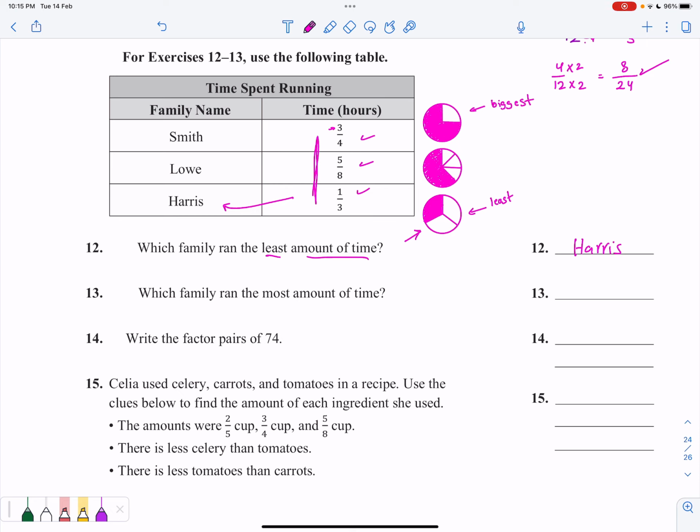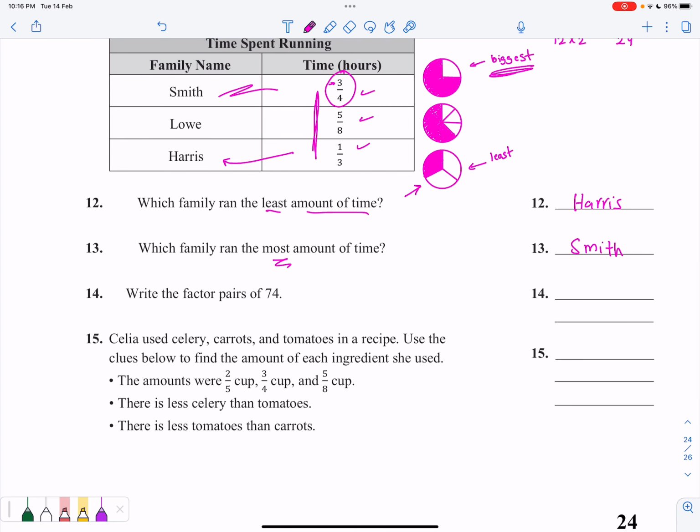Question 13. Which family ran the most amount of time? The most amount of time means the greatest fraction, and it is, of course, the 3/4, which represents the Smith family. So the Smith family ran the most amount of time.